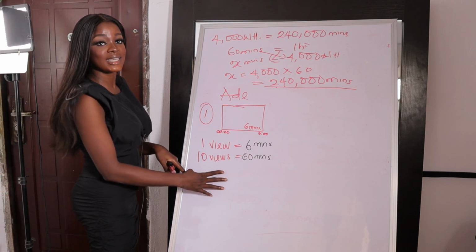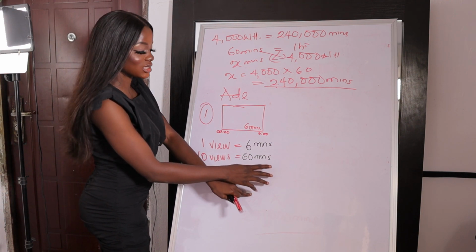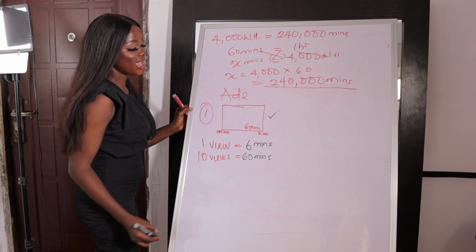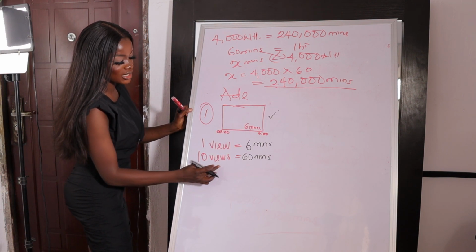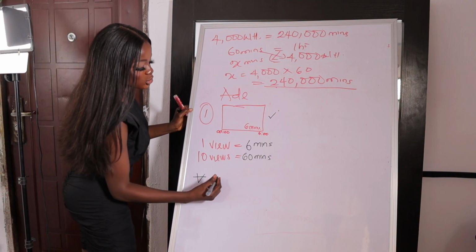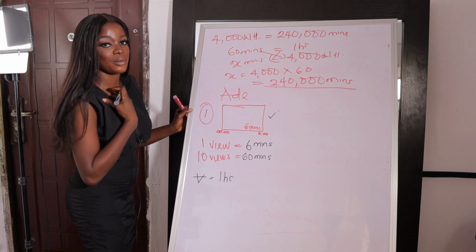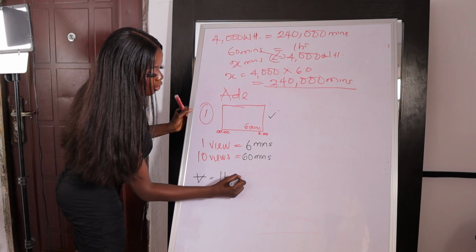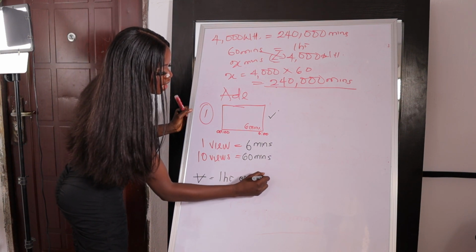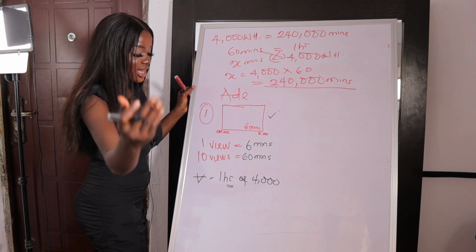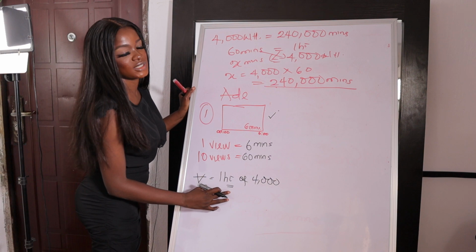Now, if Ade has 10 views, which amounts to 60 minutes, it means that on this video alone, for every 10 views, Ade is able to generate 1 hour of the 4,000 watch hours. 1 hour of 4,000 watch hours. So she still needs about 3,999 watch hours in order to achieve this.